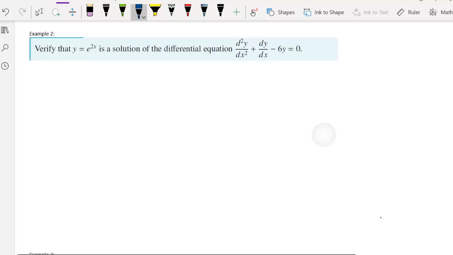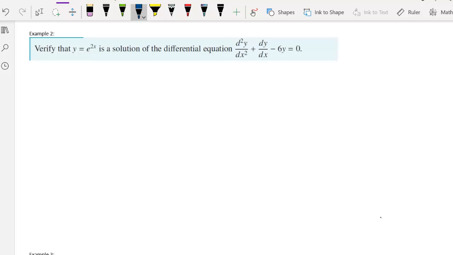Second example. This time we have a second order ordinary differential equation. The only difference is that we've got this second derivative, the first derivative, and the original function, and the sum of all of these should equal 0.